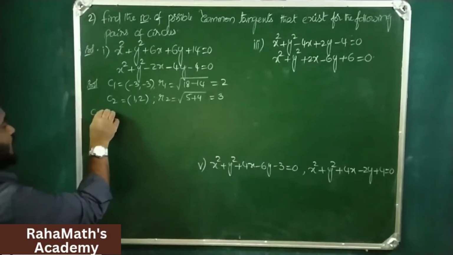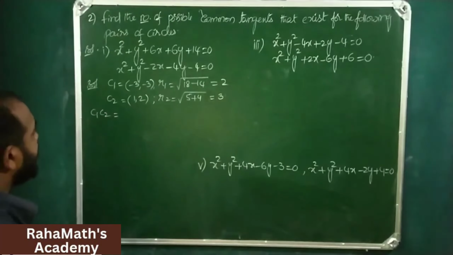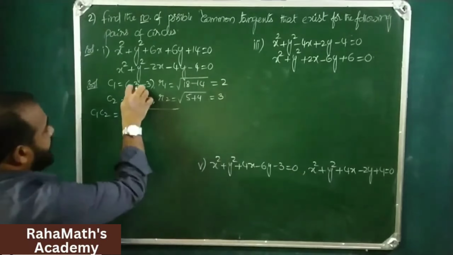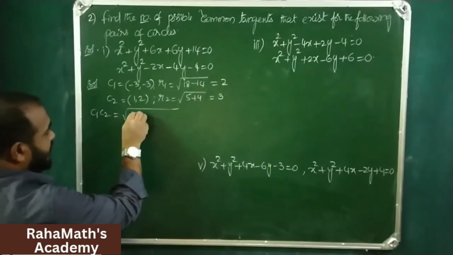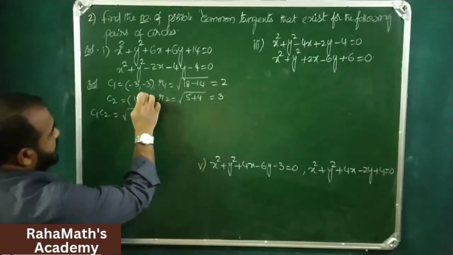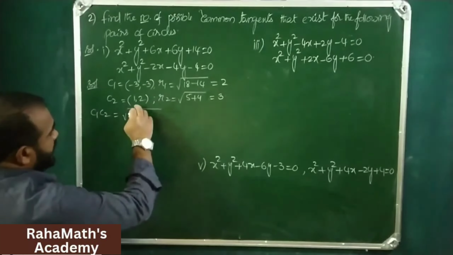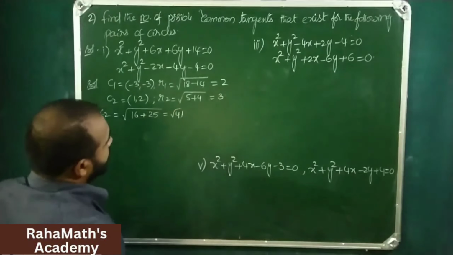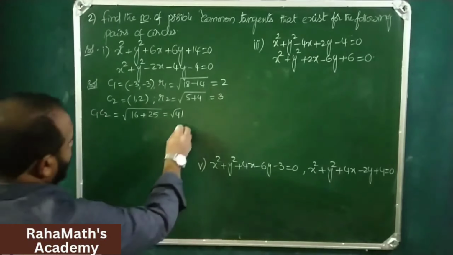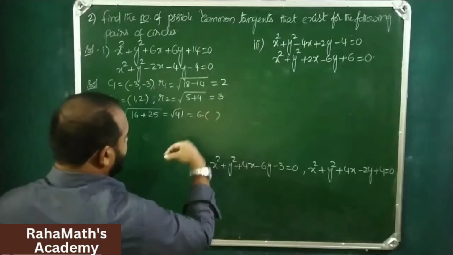Now C1C2 is equal to the square root of (-3 - 1) whole square, 4 square 16, plus (-3 - 2) whole square, 5 square 25. This is root 41, so root 41 is 6 point something.